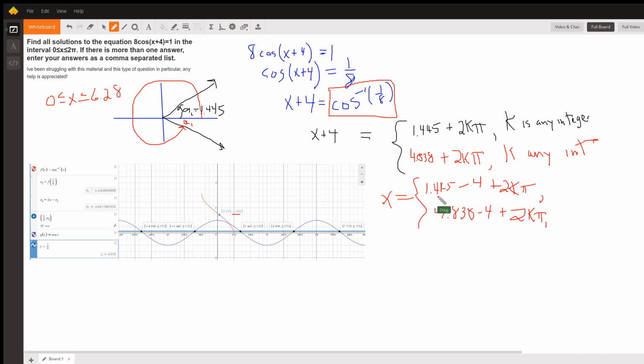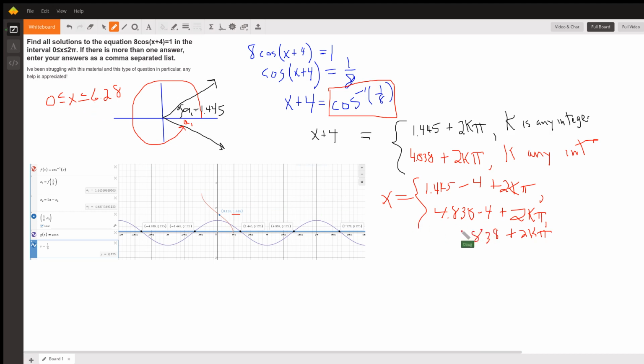Okay, so to finish up the problem, by the way, you can do 1.445 minus 4 and write it that way. This one will be 0.838 plus 2k pi. And you can see if I put 0 in for k, I'll just get 0.838, which is in the interval from 0 to 6.28.